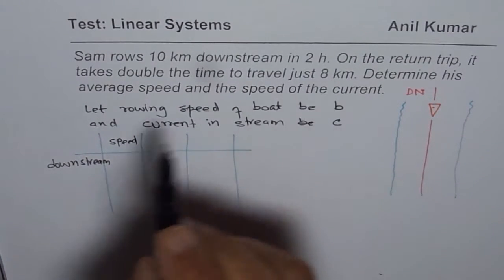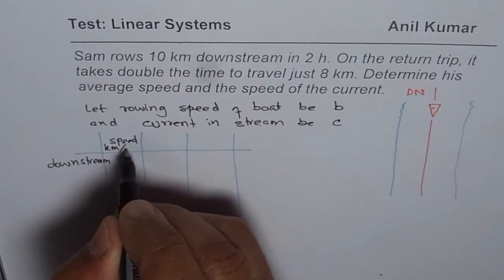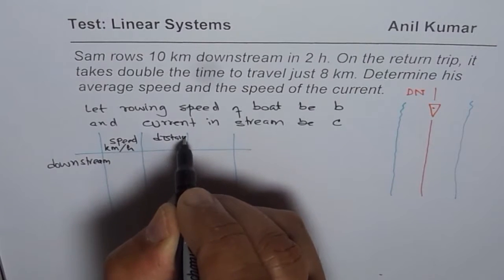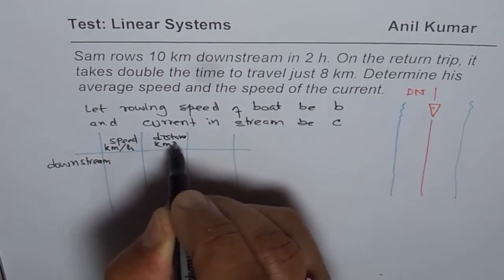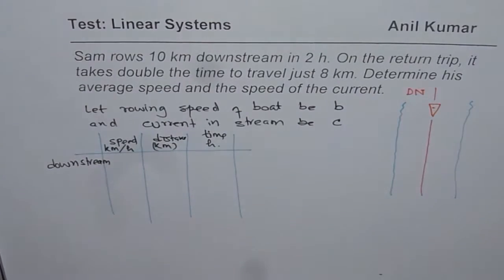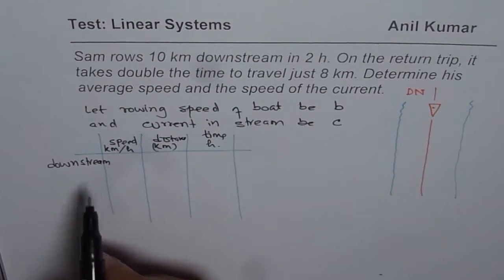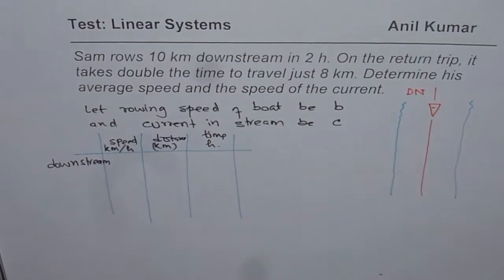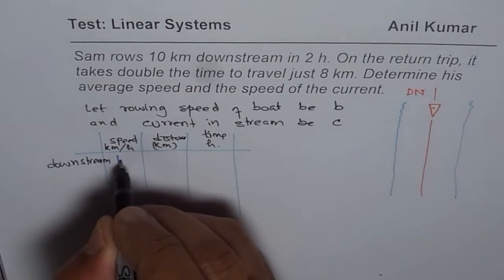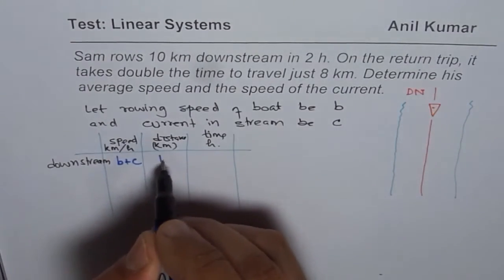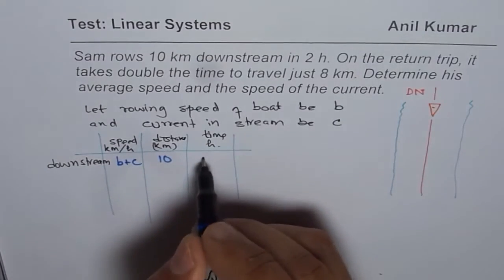Speed is in kilometers per hour, distance will be in kilometers, and time will be in hours for us. When you go downstream, both the speeds add up. So we have the speed as B plus C. Sam rows 10 kilometers, that's the distance, in 2 hours, that's the time.